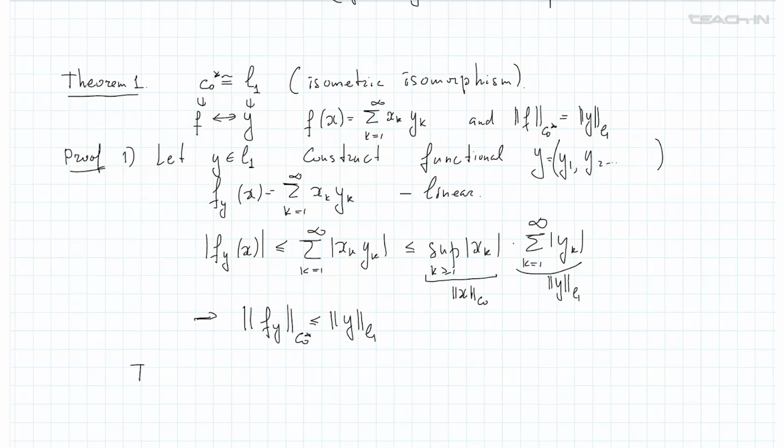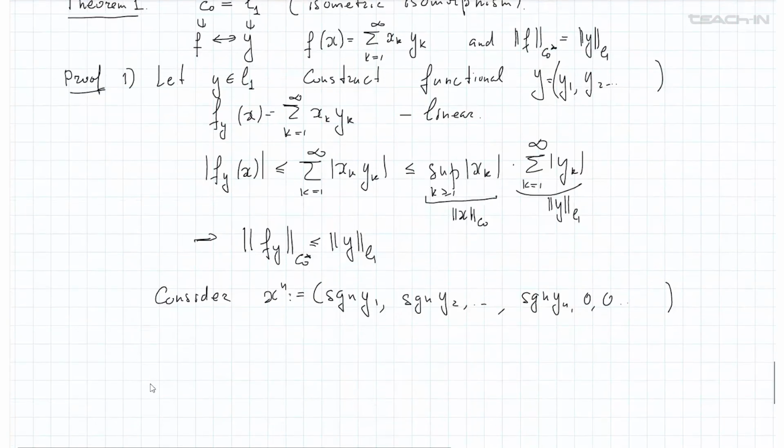But then consider the following elements: signum y1, signum y2, ..., signum yn, and then 0, 0, 0, 0.